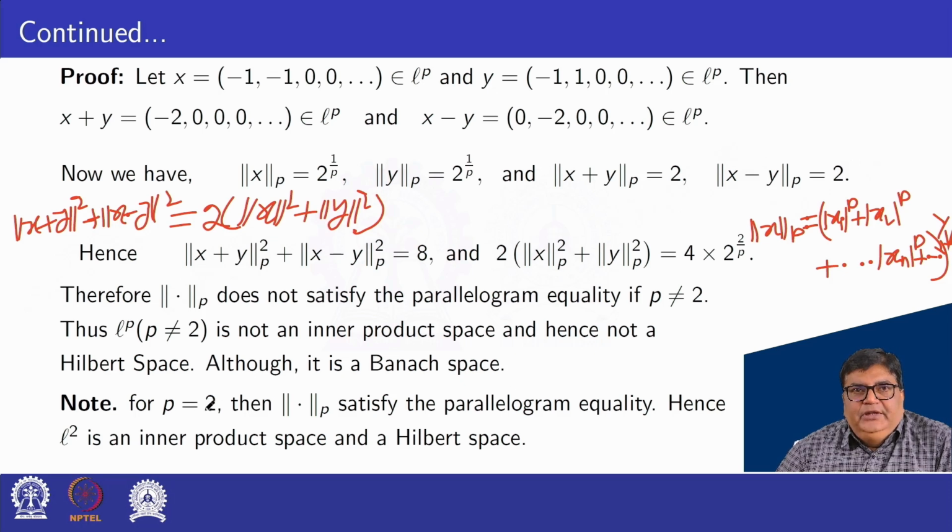But if p is equal to 2, then the parallelogram law is satisfied. The p-norm satisfies the parallelogram equality, because here p is 2, so 2 by 2 is 1, that is 2 into 4, 8. So left hand side equals right hand side, the equality of the parallelogram law holds here. Hence L2 is an inner product space and a Hilbert space.